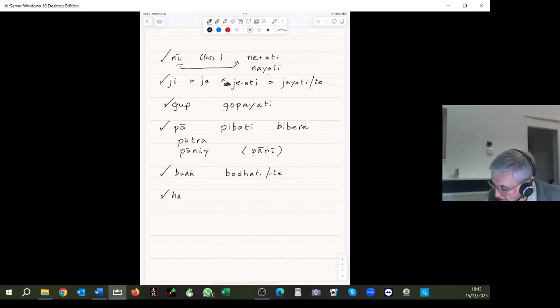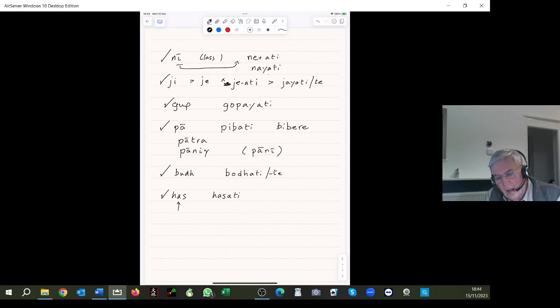And the root has, meaning to laugh, hasati. Verbs with an i or a u in the root, they typically will take a guna in their present stem if they're class 1. That's why budh, bodhati, jayati. If the vowel is a short a, the guna form of a is a, unchanged.